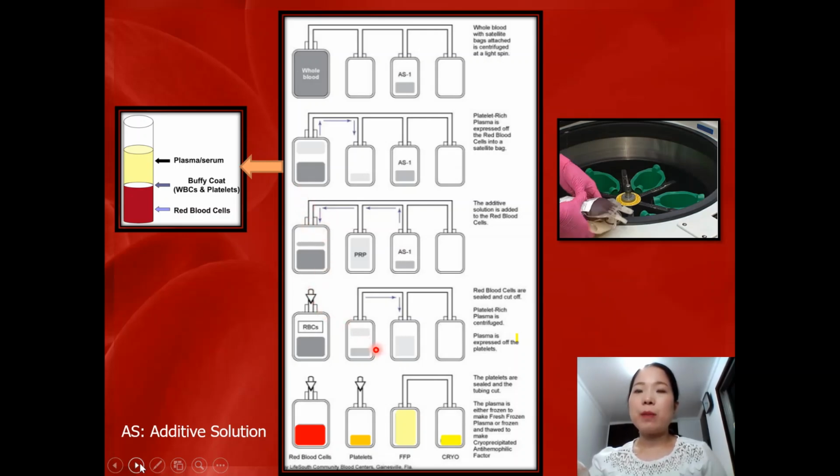The platelet-rich plasma can undergo further centrifugation, and the upper portion can be expressed out as your fresh frozen plasma. And what is left is actually the random platelets, which can also be cut already. This FFP can further undergo centrifugation, and what will precipitate is your cryoprecipitate.